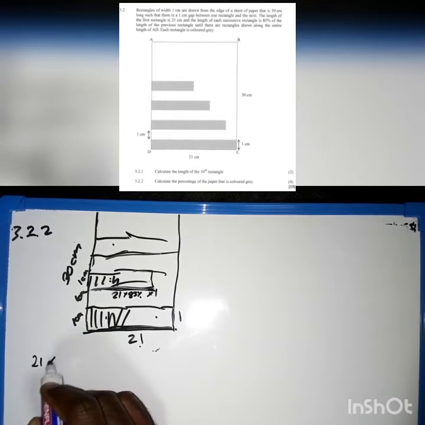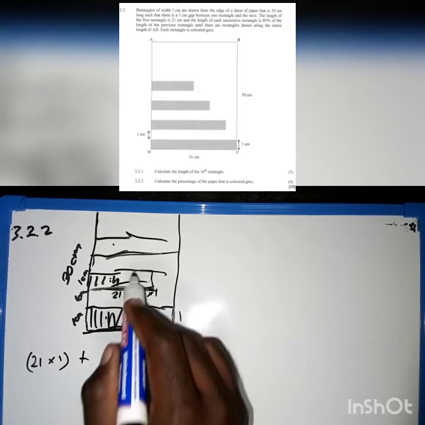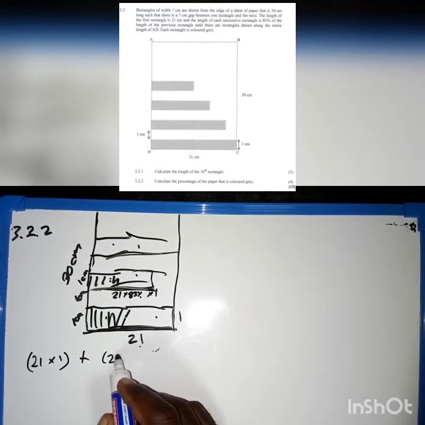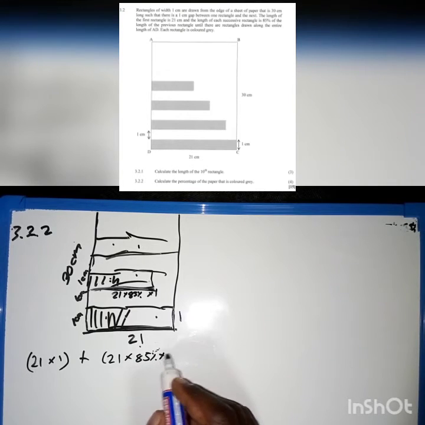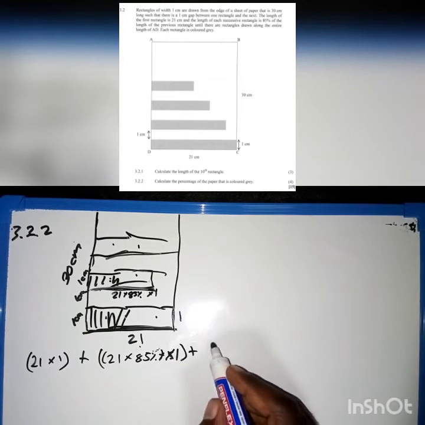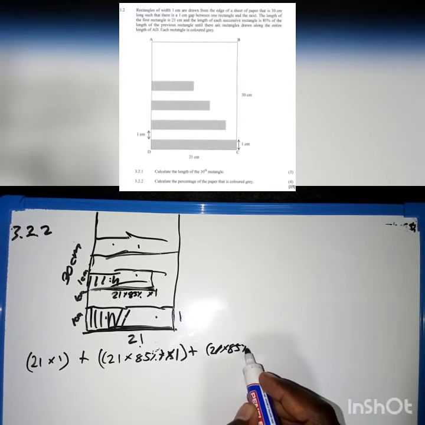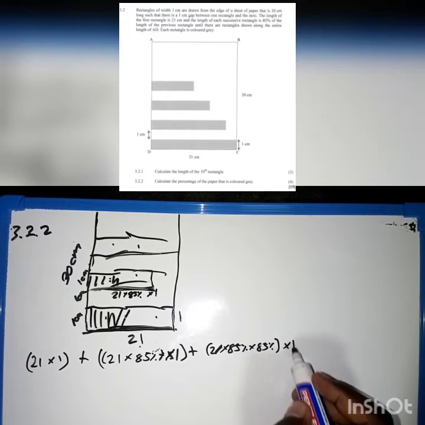We want to know the sum of these, so it's a series: 21 times 1, plus 21 times 85% times 1, plus 21 times 85% times 85% times 1, and so on.